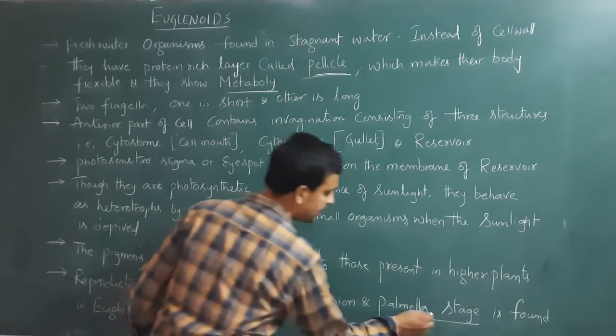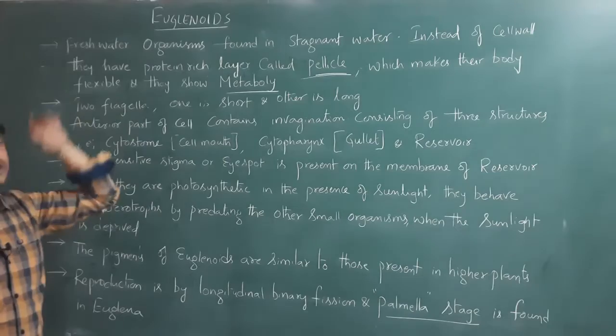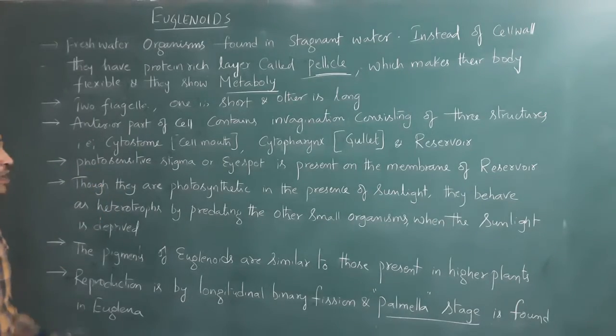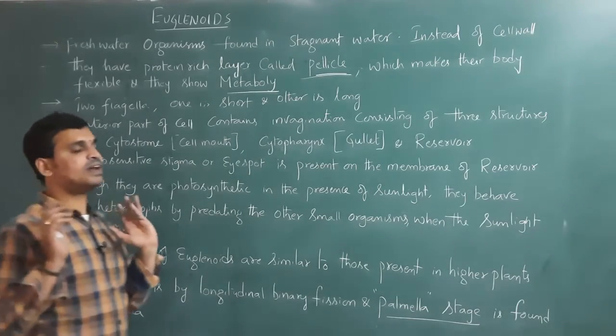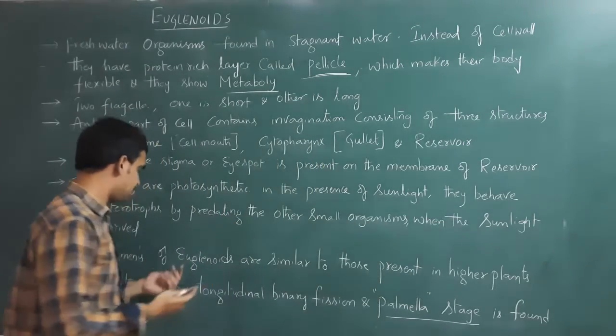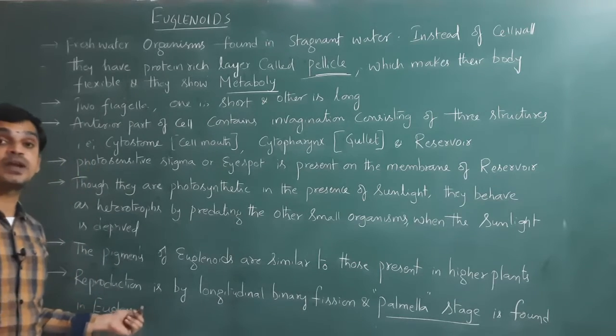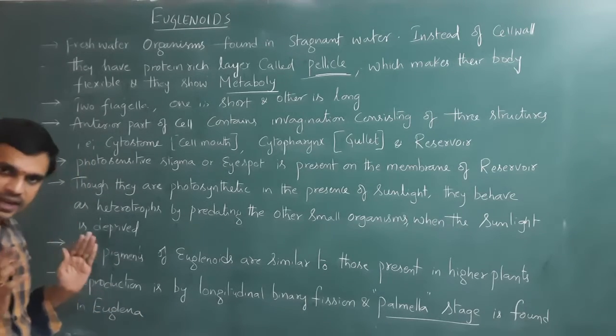So, what is the palmella stage? Very important. The palmella stage is usually found in euglenoids during reproduction. Whenever the conditions become favorable, they can divide by longitudinal binary fission. But first you should understand what favorable and unfavorable conditions are.